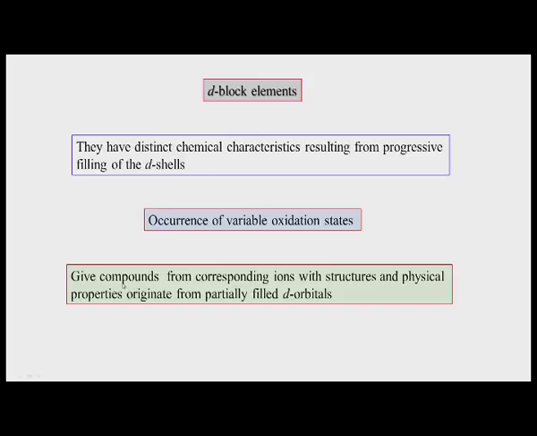Similarly, for iron, for cobalt, we can have the corresponding compounds from the metallic state, that means the metal 0 state, or the corresponding oxides or sulfide-type ores, such that in these compounds these metal ions will be present as the corresponding ions.